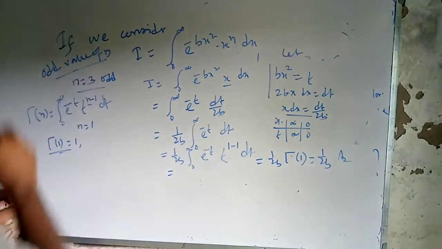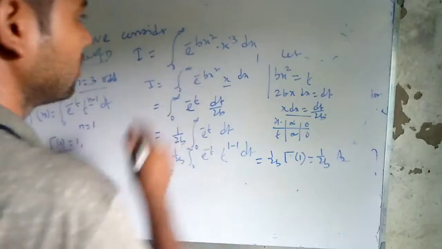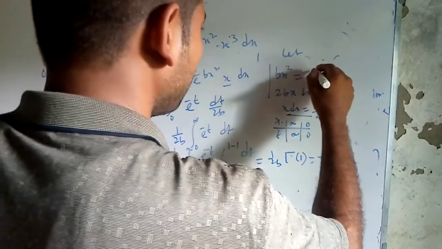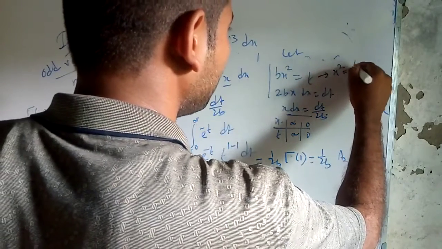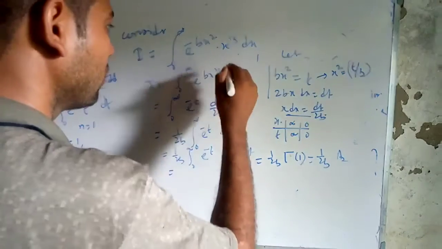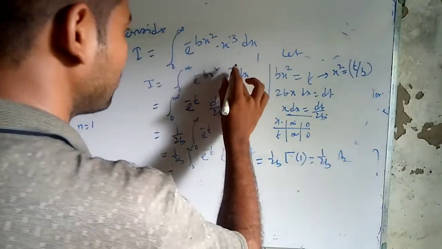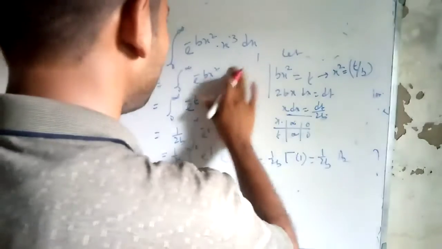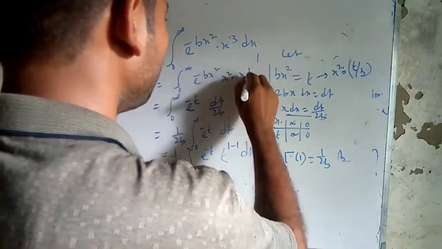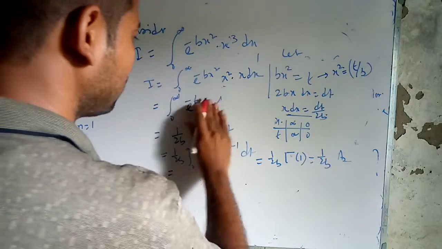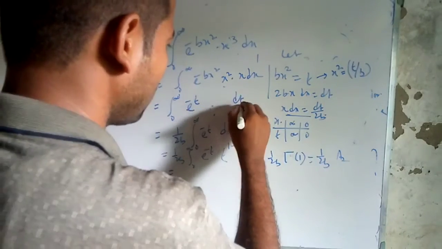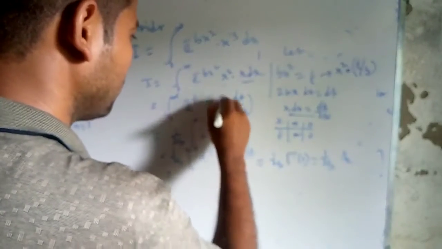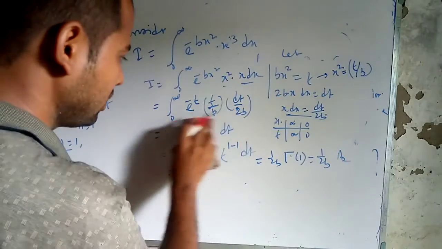Next, if n equals 3, that is x cube dx, in the same order. x cube can be written as x square into x dx, where x dx is dt by 2b and x square is t by b, and hence you change something here.